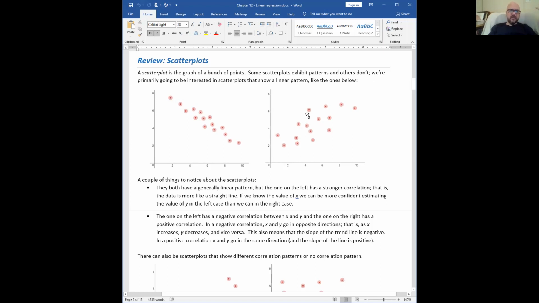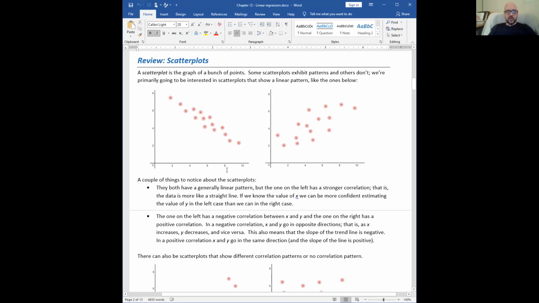It looks like you could have a pretty wide range of Y values, whereas over here, if I look at X equals 4, I don't get a very wide range of Y values. So here the correlation is pretty strong, but not completely perfect. This one is almost perfect. The relationship here is incredibly strong.